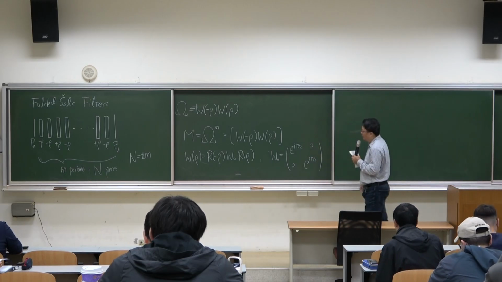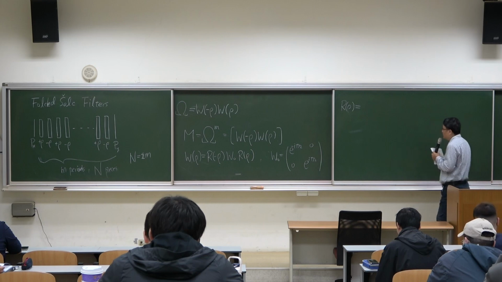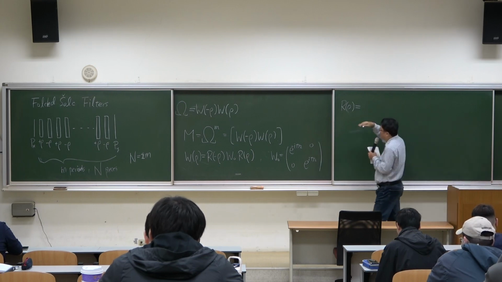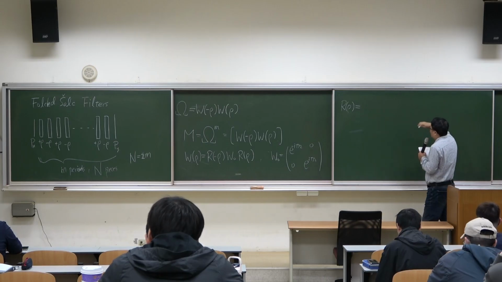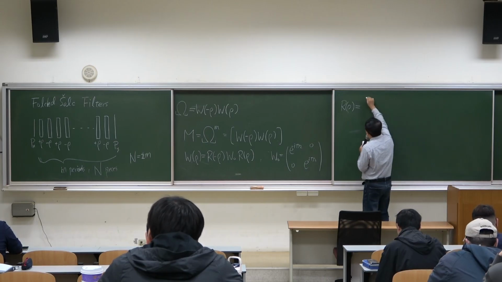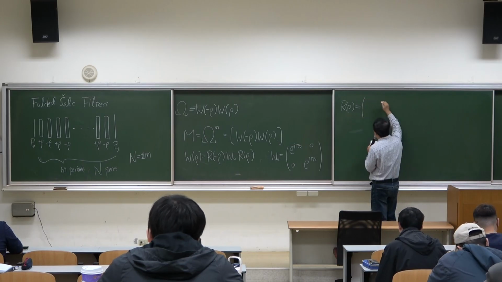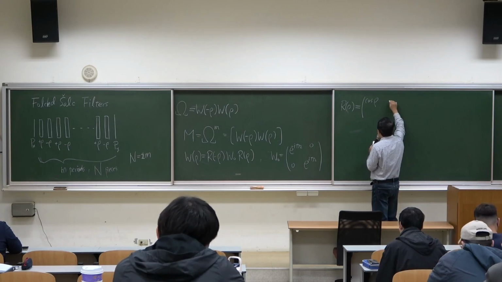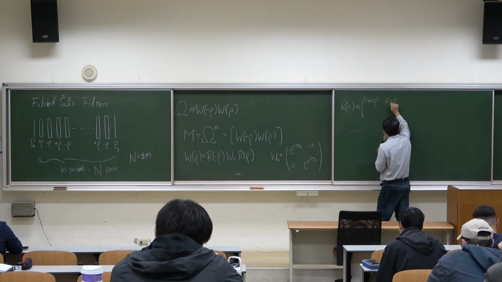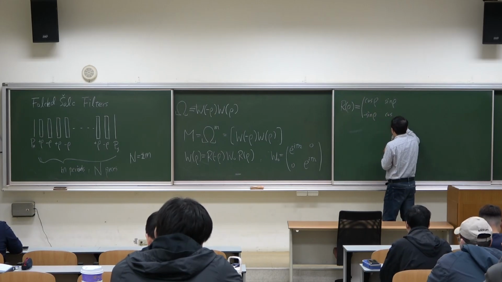Okay, and R rho is the rotation matrix corresponding to the angle rho, rotated by angle rho. This action is represented by the rotation matrix cosine rho, sine rho, minus sine rho, and cosine rho.